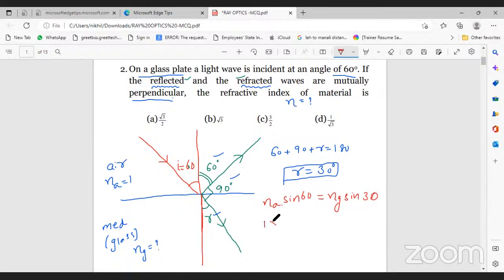Refractive index of air is 1, sine 60 is root 3 by 2, and Ng is the value you have to find. Sine 30 is 1 by 2, so 2 and 2 will get cancelled. So what is the refractive index of glass? Root 3. Which is the right option? B. So Ng is equal to root 3. The second option is the right answer.